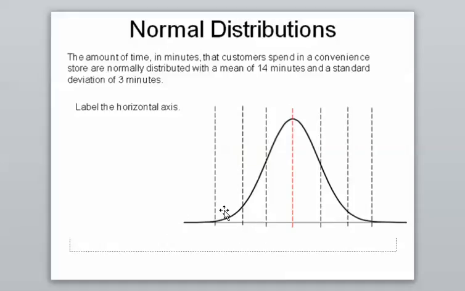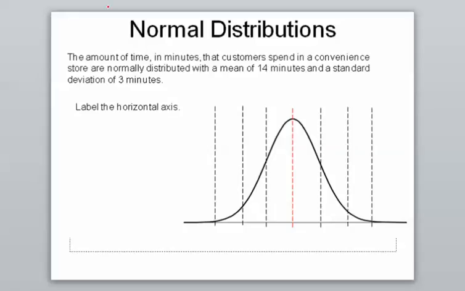Okay? So if we were looking at this graph as representative of this particular question, it says the amount of time in minutes that consumers spend in a convenience store are normally distributed with a mean of 14 minutes and a standard deviation of 3.